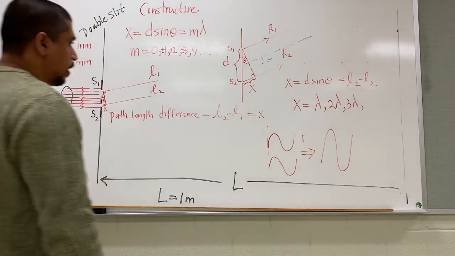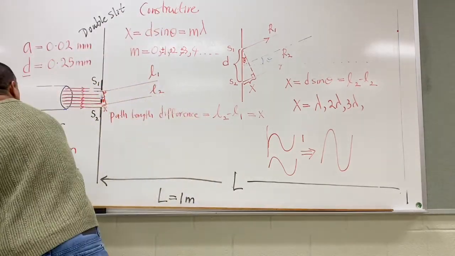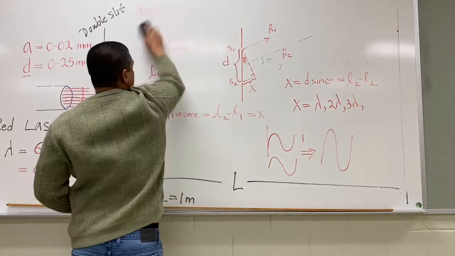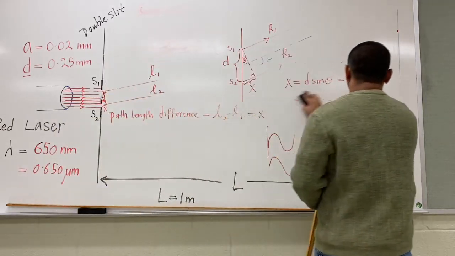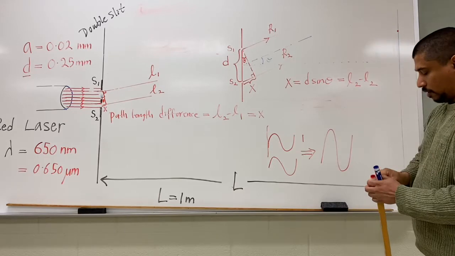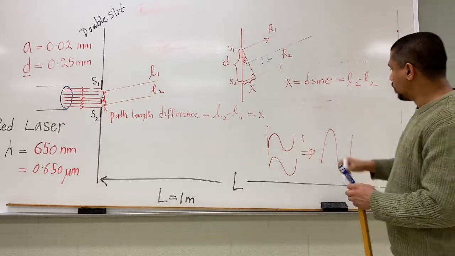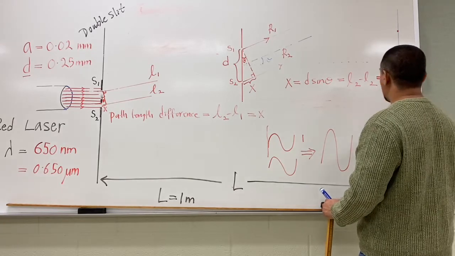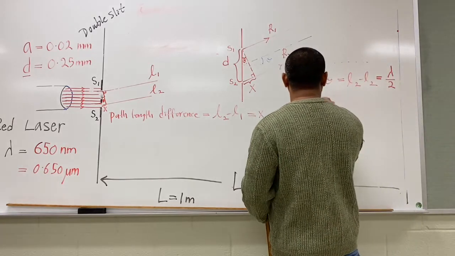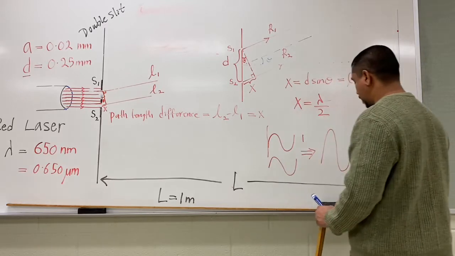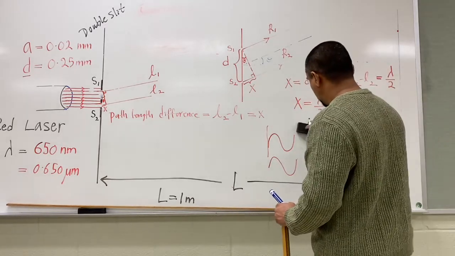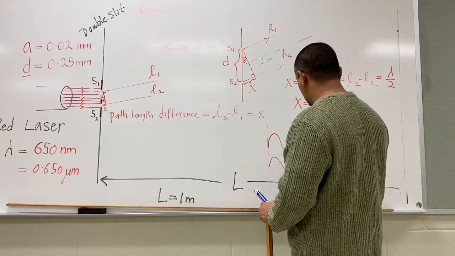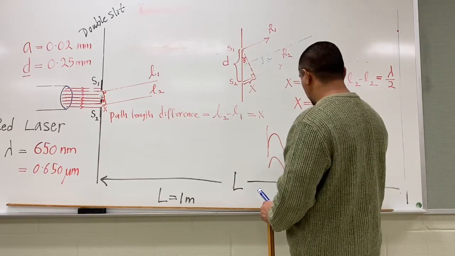Okay, now let's consider destructive interference. Now assume this path length difference equals lambda by 2, half of the wavelength. X equals lambda by 2. Then what will happen? This is wave 1, this is wave 2, and this is wave 1.